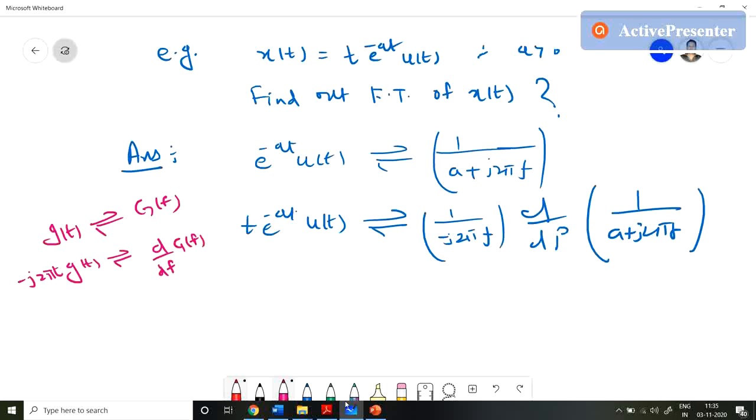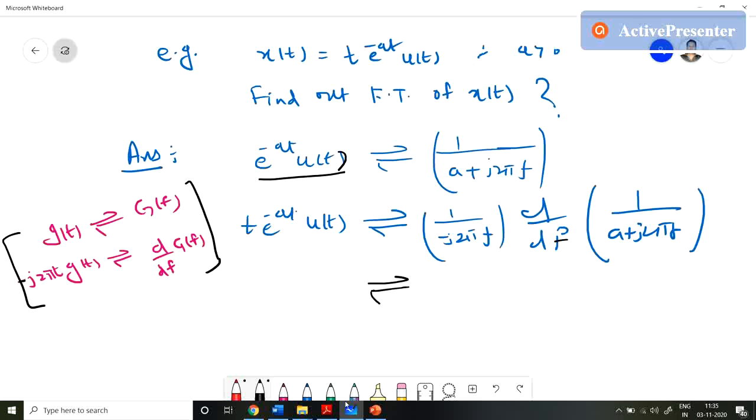So we have e raised to the power minus at into u(t), the Fourier transform is 1 divided by a plus j 2 pi f. Then for t e raised to the power minus at into u(t), the Fourier transform is 1 divided by minus j 2 pi f into d by df of 1 divided by a plus j 2 pi f.